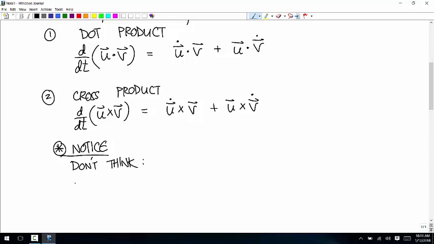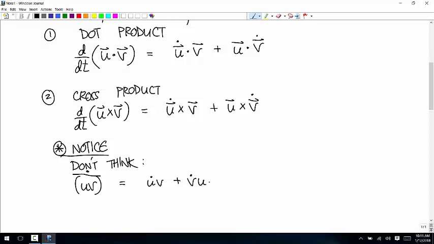You know, for scalars, this is also true. If you have u times v, and you're taking the time derivative of all of it, that's just another way of writing d dt of the stuff in parentheses. You can think of that as u dot v plus v dot u, right?